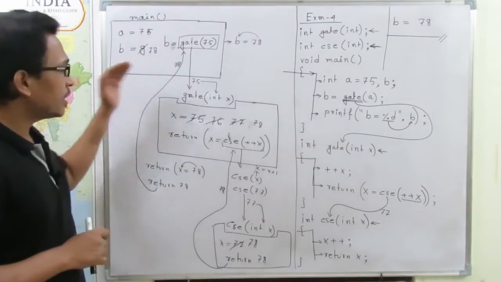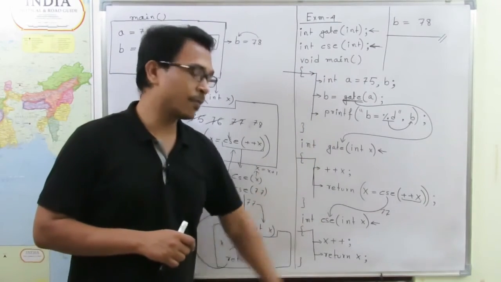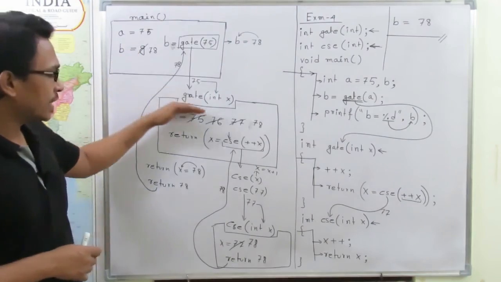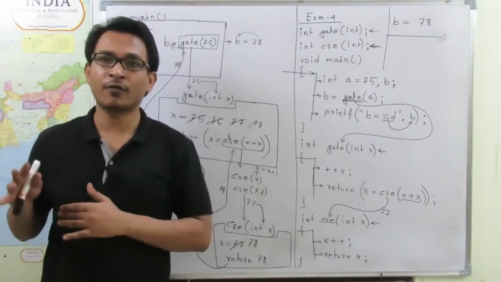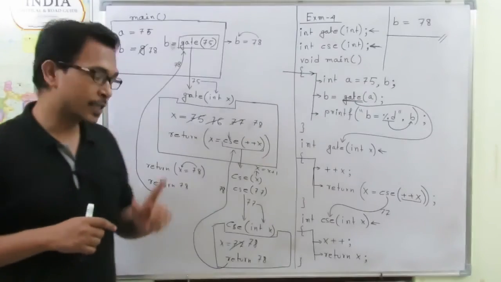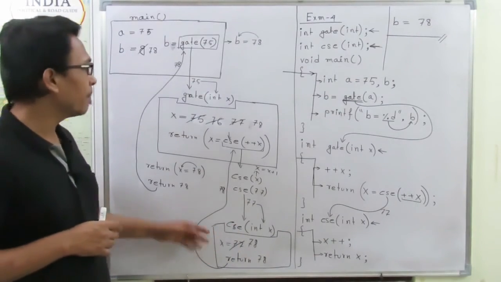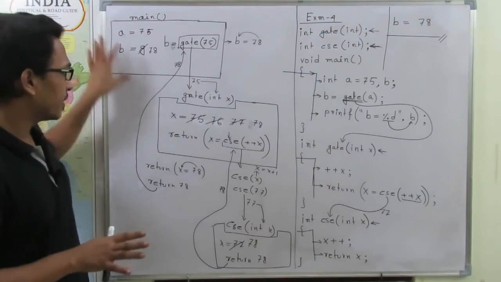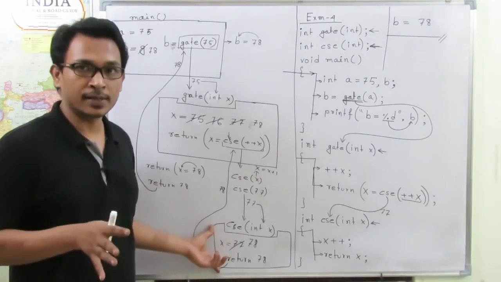That means in this particular program execution, when the system executes this program, at a certain point of time three memory instances will exist in the memory. When the system executes this particular CSE function, at that time in memory this particular instance is present, this particular instance is also present, and this particular instance is also present.